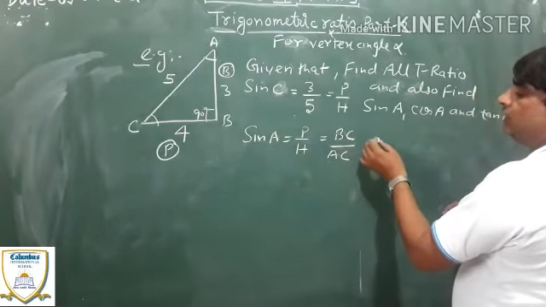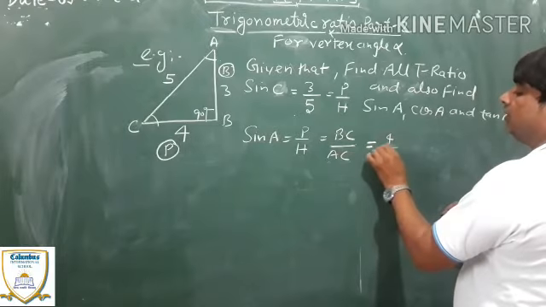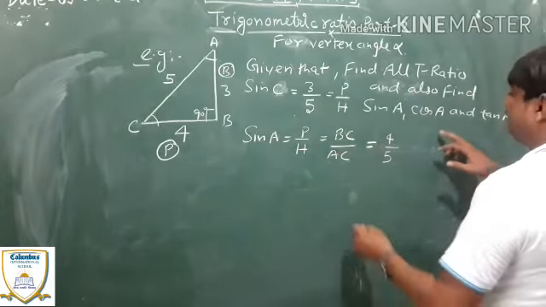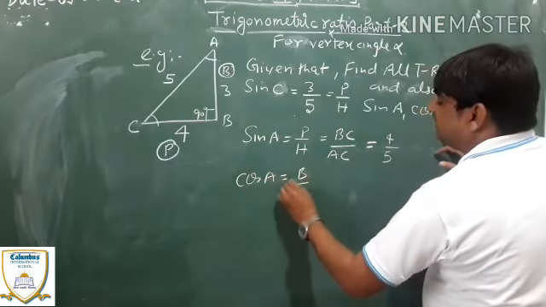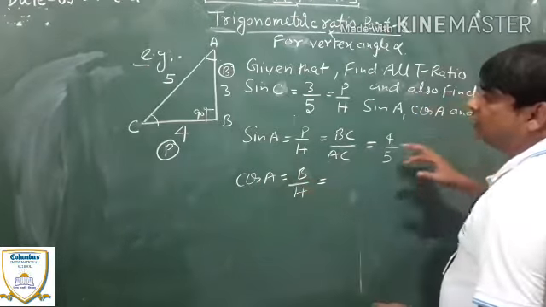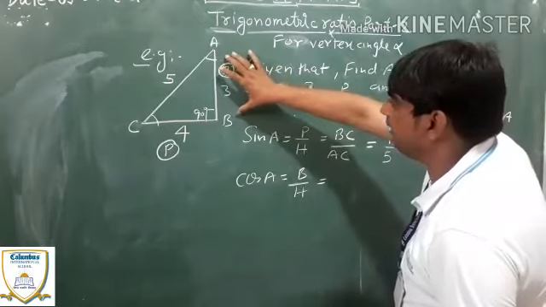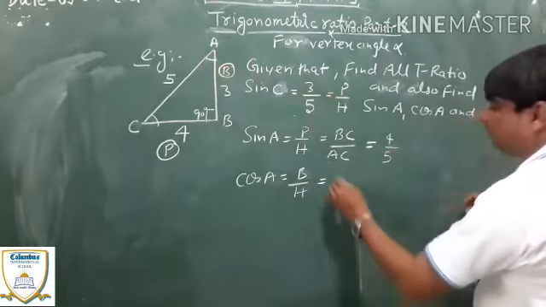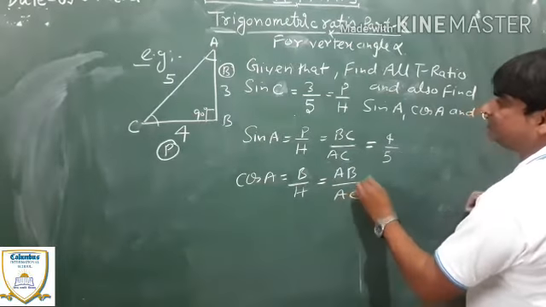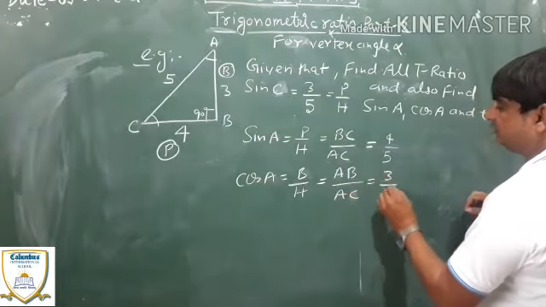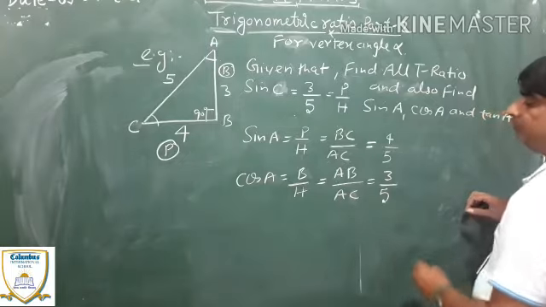The value of BC is 4 and this is 5. Cos A is equal to B by H. AB is base for the vertex angle, means AB upon AC. This is 3 by 5.